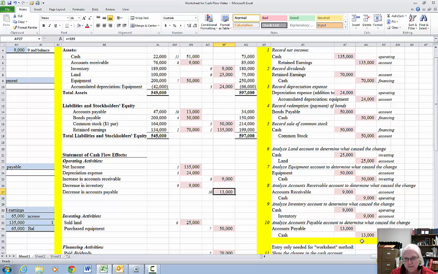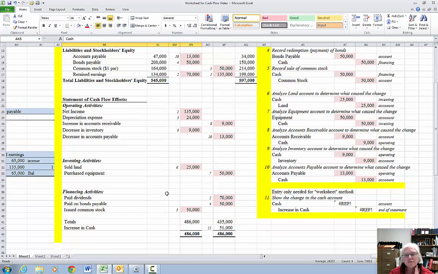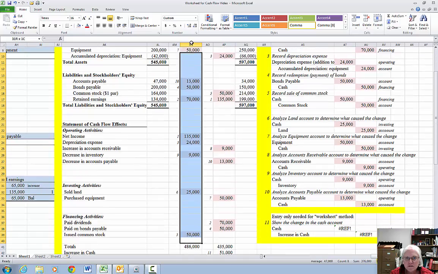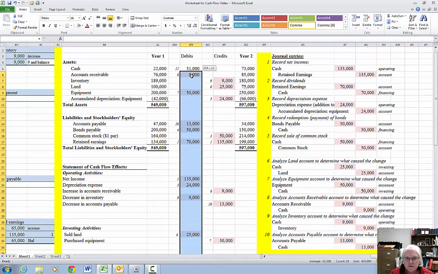Okay, so now we have posted all of our journal entries that we made to help recreate why things changed. And if you'll notice, my cash of $51,000 is not there yet. Because it is not pink, the total of $486 right here only includes these numbers.